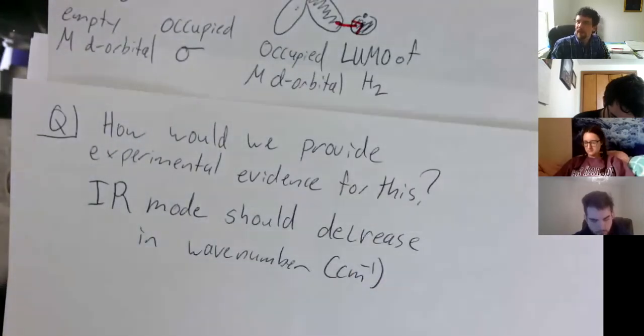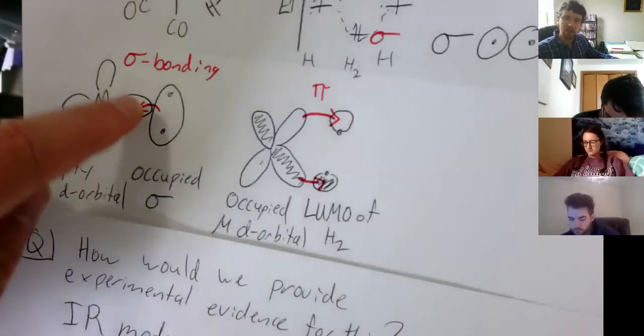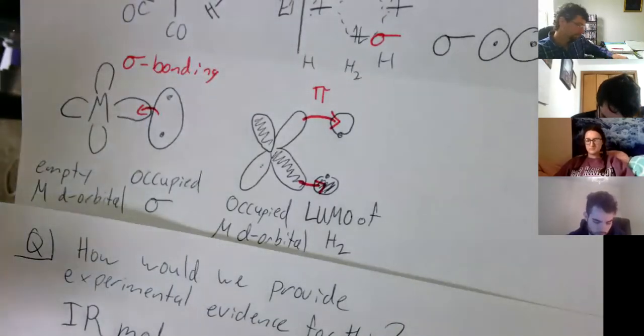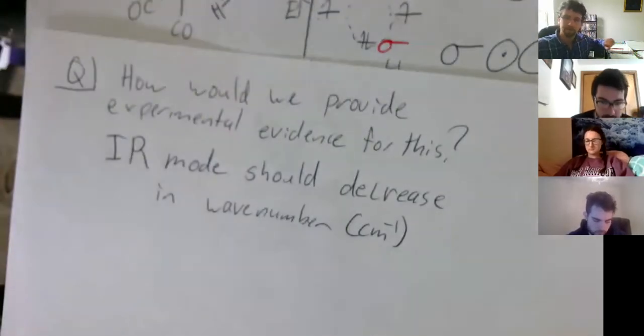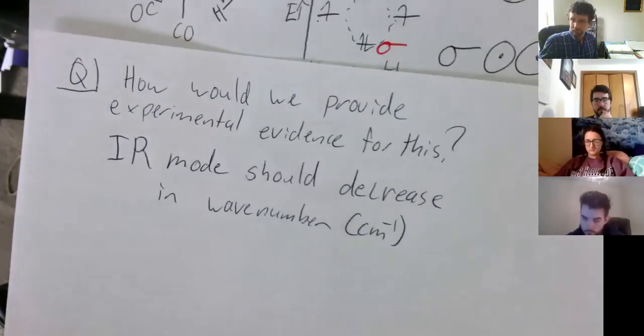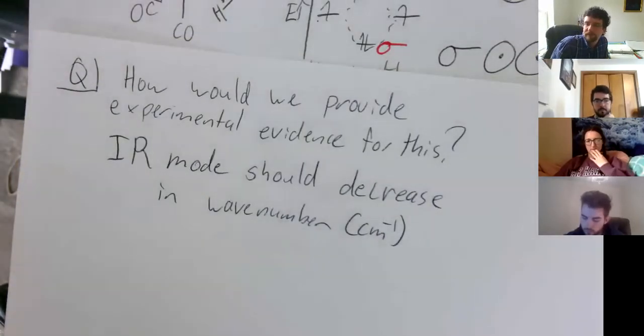Basically because we've added electron density into that anti-bonding state. We have also taken electron density away from a bonding state. Okay? Cool. Any other questions?